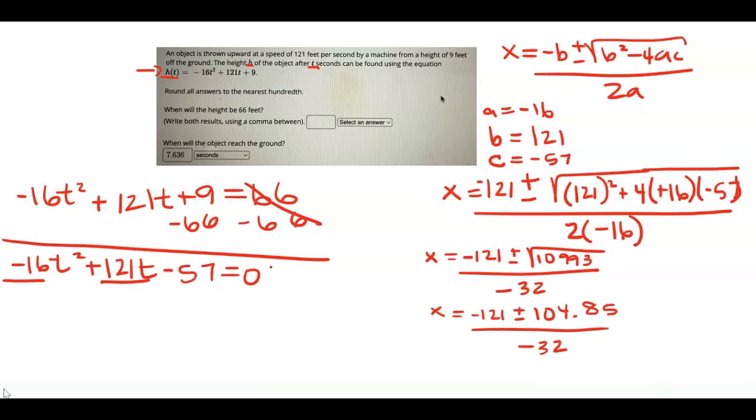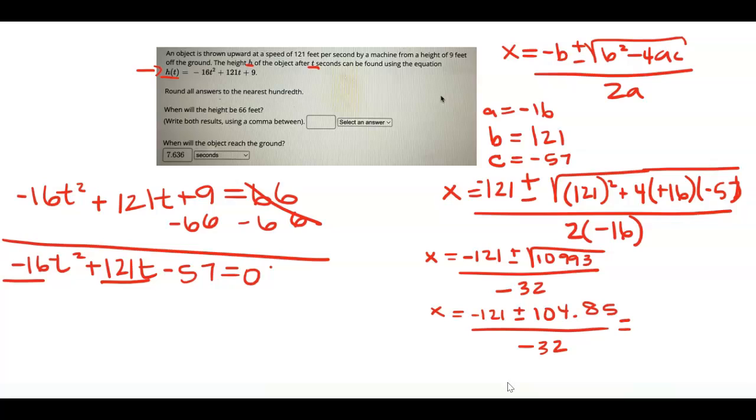And then we want to find both of these answers. So negative 121 plus 104.85 divided by negative 32, and negative 121 minus 104.85, both divided by negative 32. Now make sure you remember your negatives there.